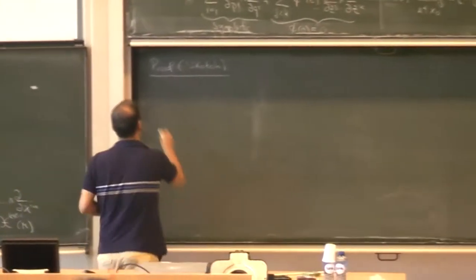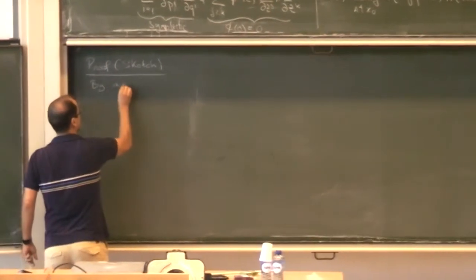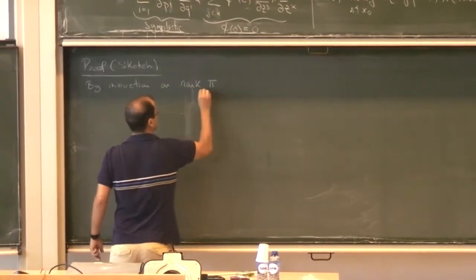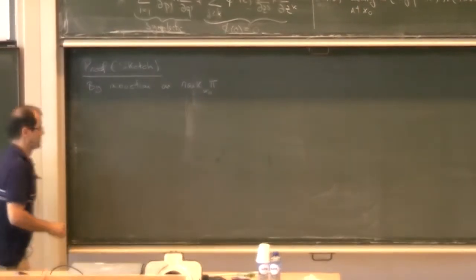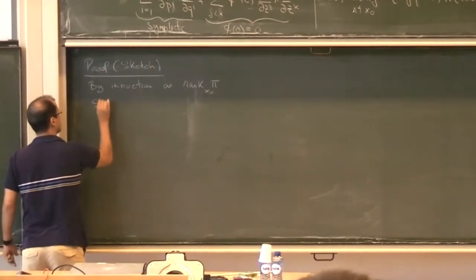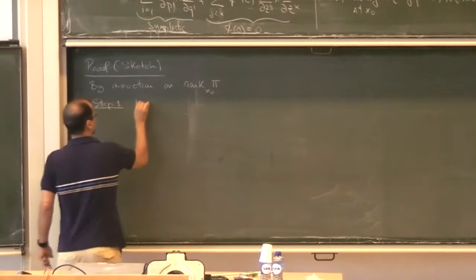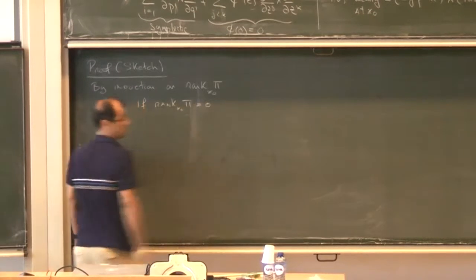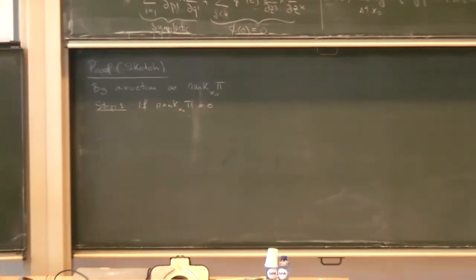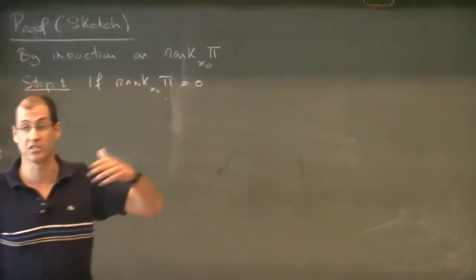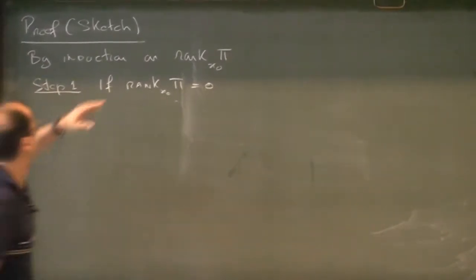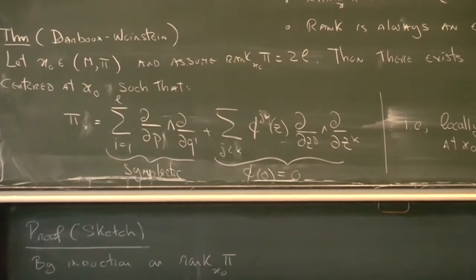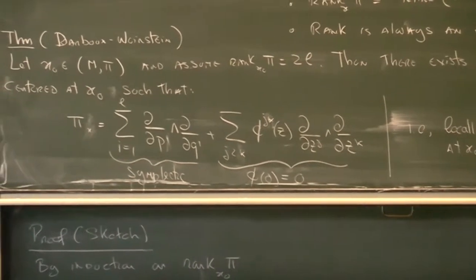So the proof is by induction on the rank at the point x0. So first, step 1, if the rank is 0, there is nothing to prove, because if the rank at x0 is 0, that means the Poisson tensor vanishes at the point. So in any coordinates that you choose, this part will not be there, and it will have just this part. Okay, so this is obvious.